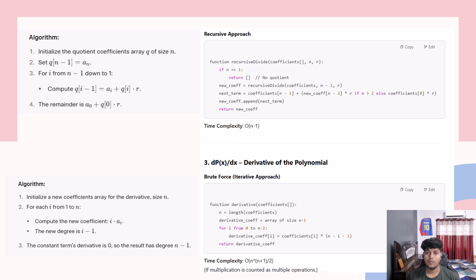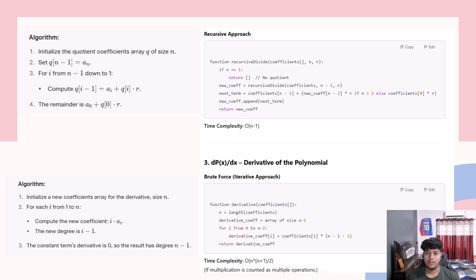The derivative of a_i x^i is i a_i x^(i-1), which requires i multiplications per term, and summing up all the terms gives us n(n+1)/2 multiplications, so O(n^2) complexity. The recursive approach requires n multiplications in total, resulting in O(n) complexity.